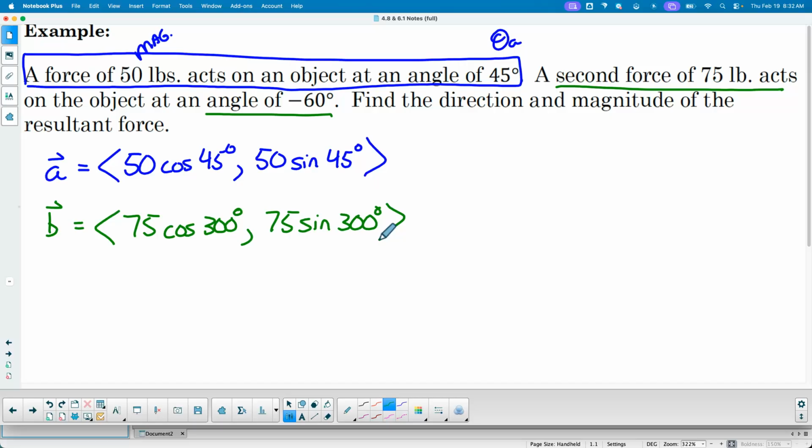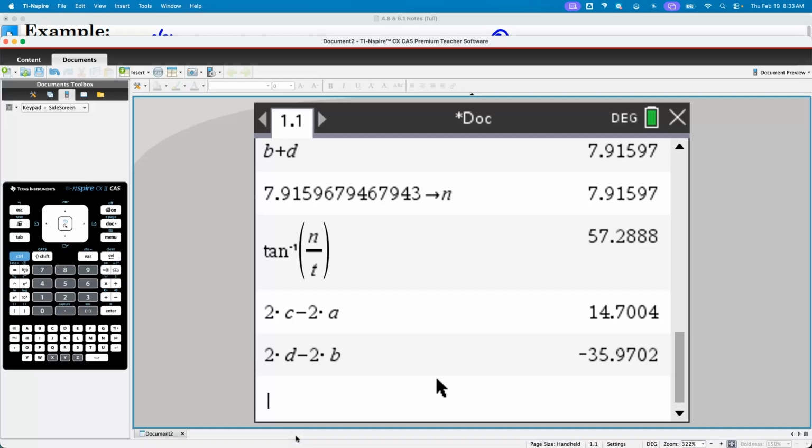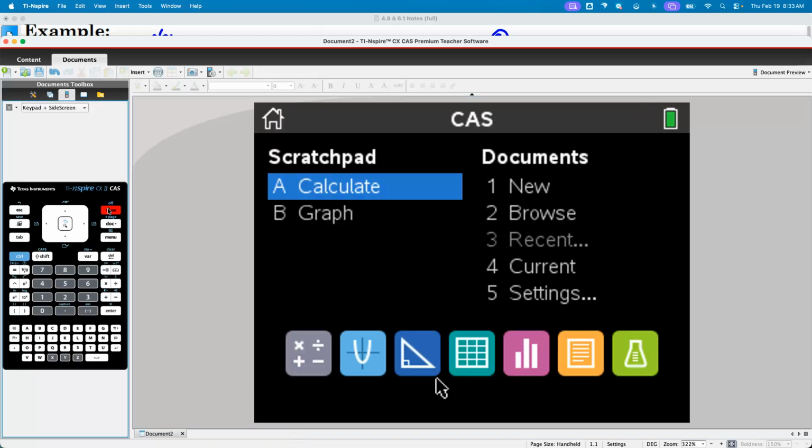Here's where the calculator comes in. Now, this is what I recommend too. Okay? So we're starting a new problem now, correct? We finished our last one. We have a ton of stuff stored on our calculator right now. Okay? So to alleviate that, what we're going to do is we are going to tap the on key and we're going to start a new document.